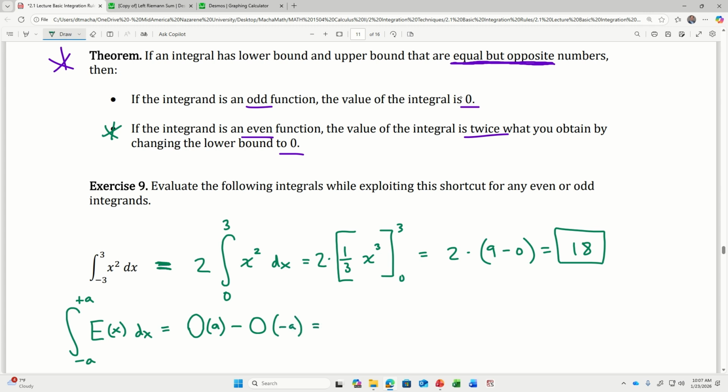And what it means to be an odd function is that when I plug in a negative argument like negative a here, it's the same thing as flipping the plus or minus sign on the overall function. That's just a property of odd functions. And so I get 2 times what I would get if I just plug in the upper bound.